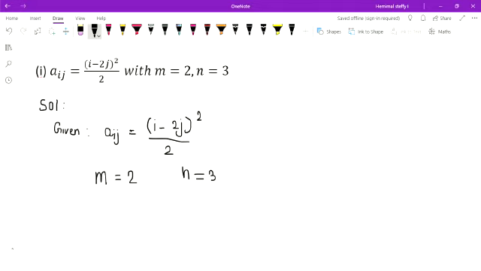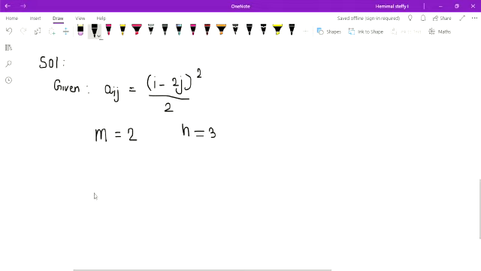Matrix A is equal to the order of 2 into 3. What are they? A11, that is the element of that matrix, and then A12, A13.